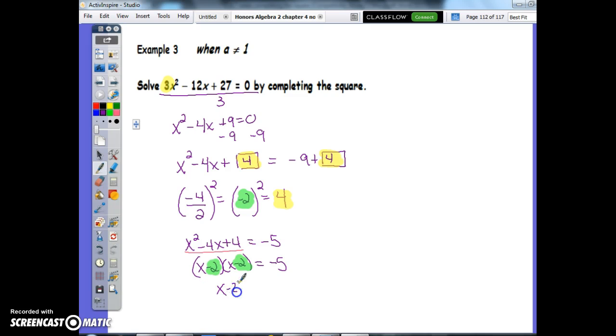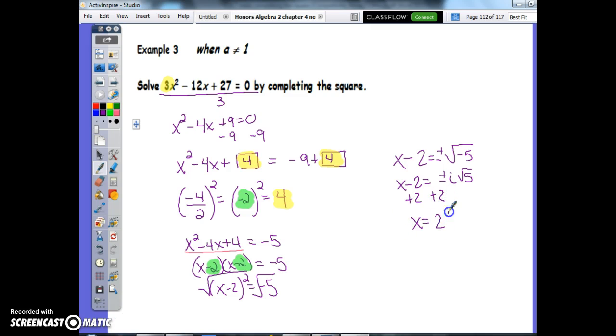So, x minus 2, the quantity squared, equals negative 5. Square root both sides. Now, don't forget that we're going to have an i, because you get the square root of negative 5, which is going to be x minus 2 equals plus or minus i square root of 5. Add the 2, x is going to equal 2 plus or minus i square root of 5. So we can have imaginary numbers or complex numbers. There we go.